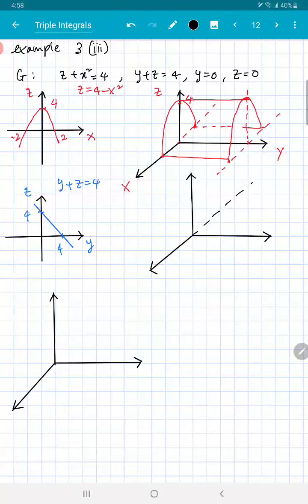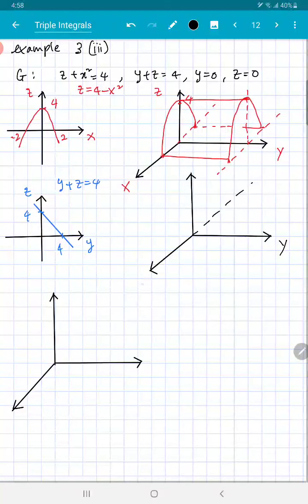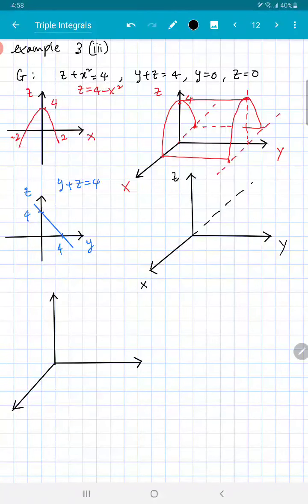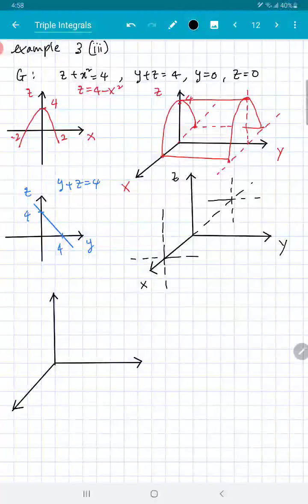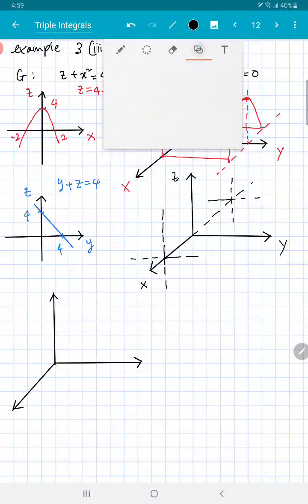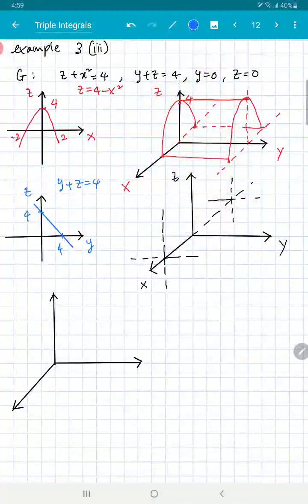So let's sketch this on a few x equals constant planes. Okay, let's sketch for x positive and x negative. And we have when x is positive, it's just on the yz plane. Okay, so here we have a 4 and 4 on x0, we have this straight line.